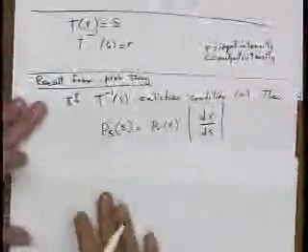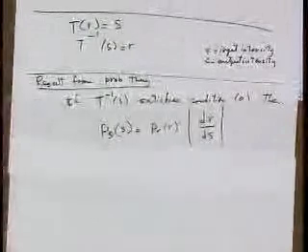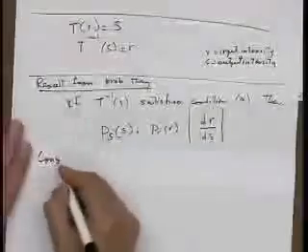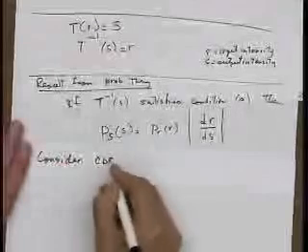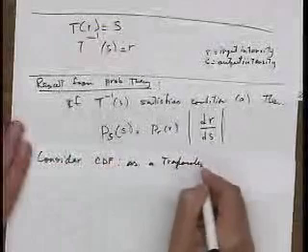And so based on this, we can now figure out why we build the CDF. Consider the CDF that we've been talking about as a transformation for a long time.